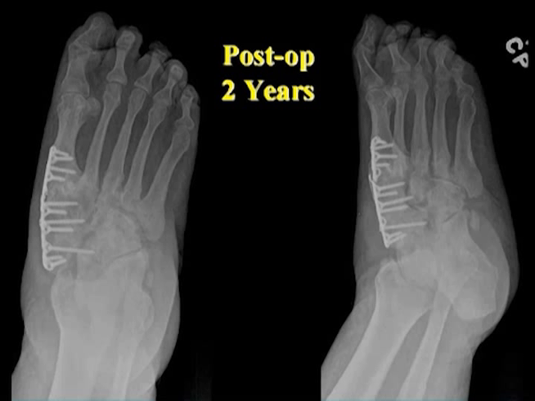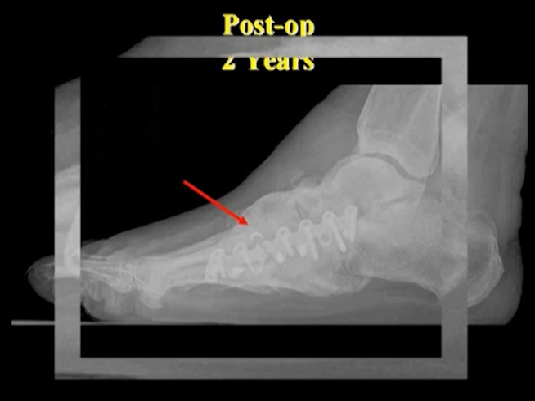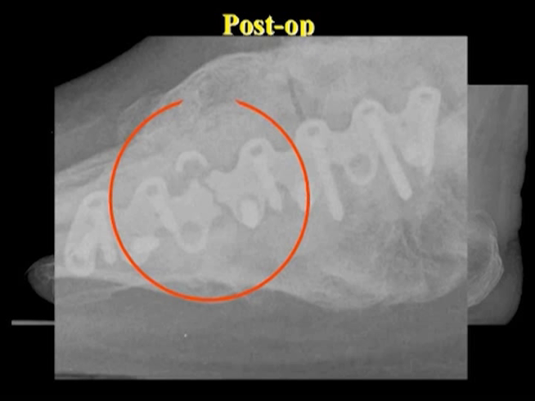And here you see after plating, medial column plating, this is 2 years post-operatively, not only fusion of the navicular cuneiform, but also the cuneiform first metatarsal. This plate did break, even though it's a locking plate, due to some settling and shifting of the bones, and although we did multiple joint fusion here, stable internal fixation was not achieved.